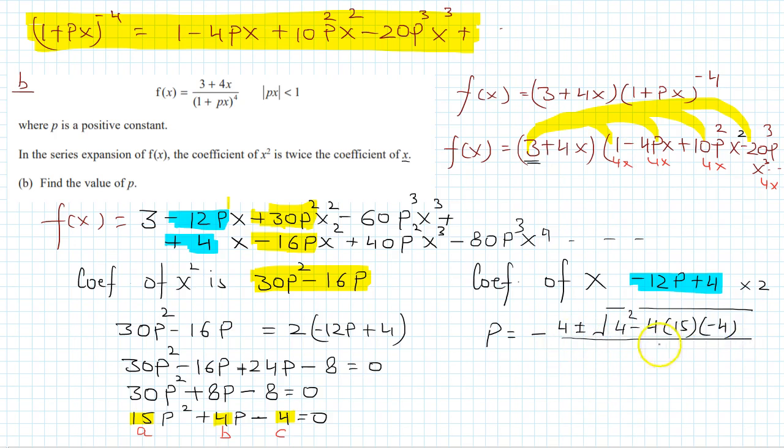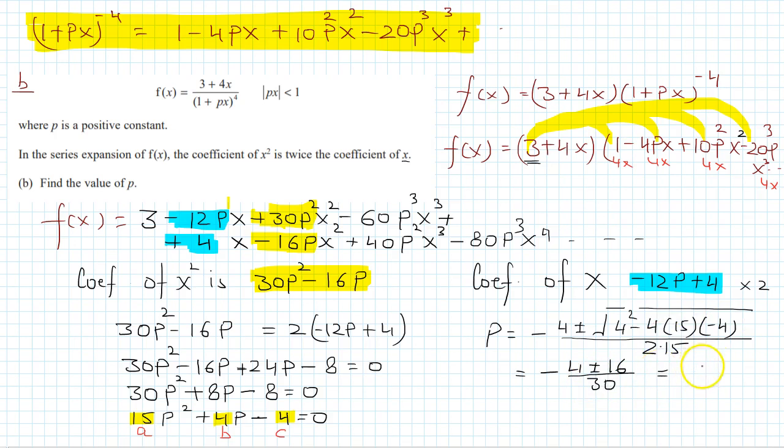Divide by 2A, 2 into 15. So that is equal to minus 4 plus minus, so that is 16, this is 256, over 30.